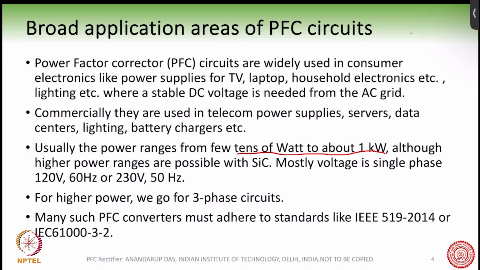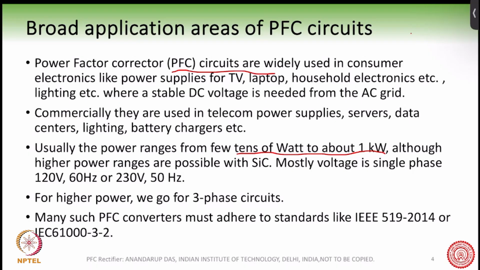and where do we actually see them? This kind of PFC circuits are widely used in consumer electronics. Suppose you have a laptop, like the one from which I am recording my slides. This laptop also has a power supply, and that power supply will have some form of a PFC circuit inside.